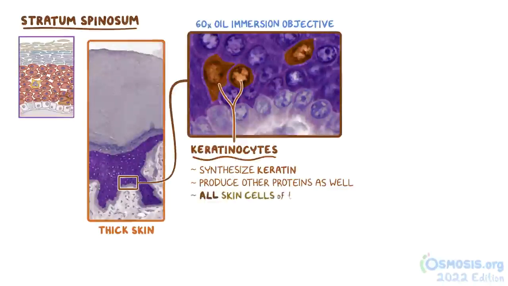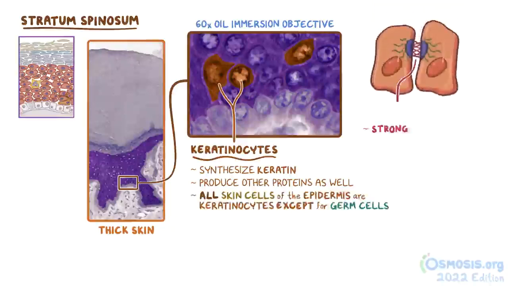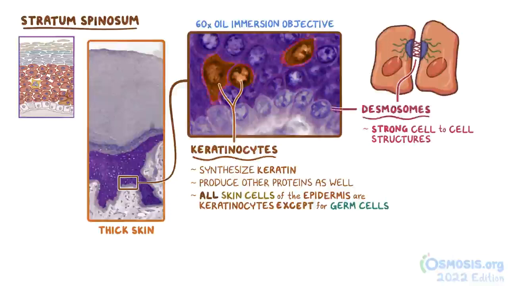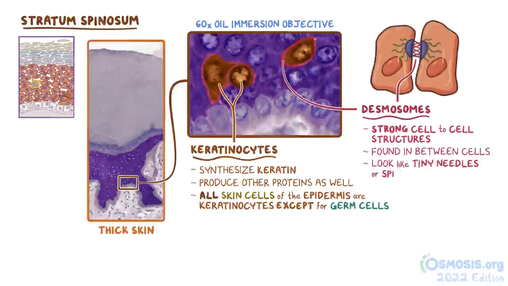All the skin cells of the epidermis are keratinocytes, except for the germ cells, which are found in the stratum basalis. The keratinocytes are attached to each other by strong cell-to-cell structures called desmosomes, which are more easily seen in this layer compared to the layers above the stratum spinosum. The desmosomes are found in between the cells and look like tiny needles or spines.